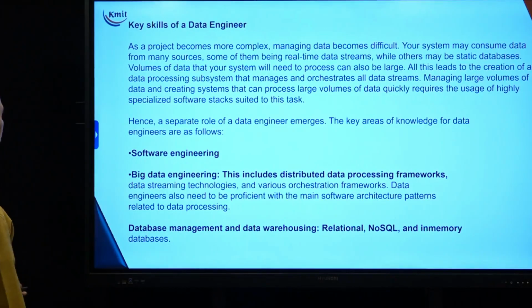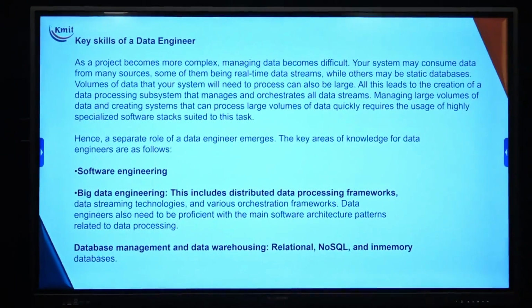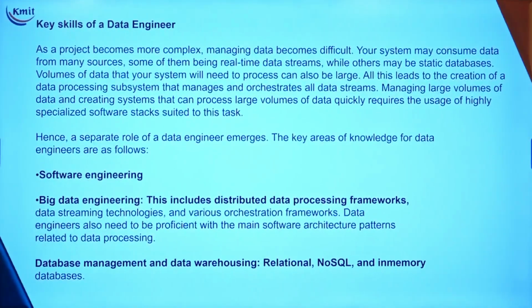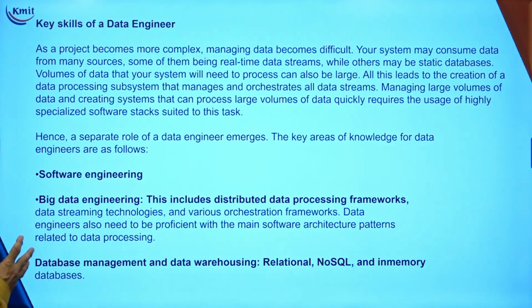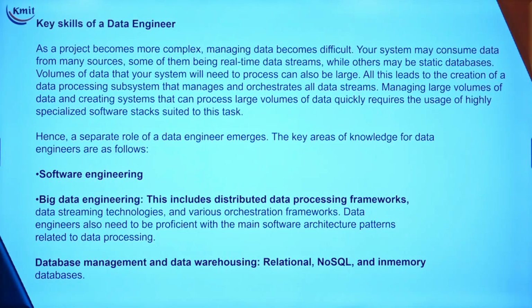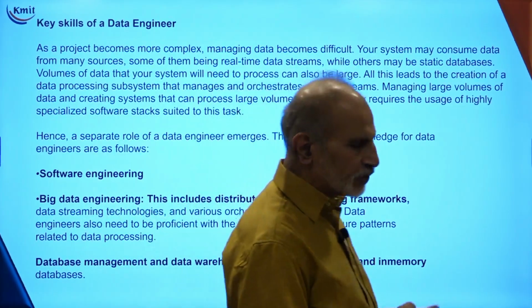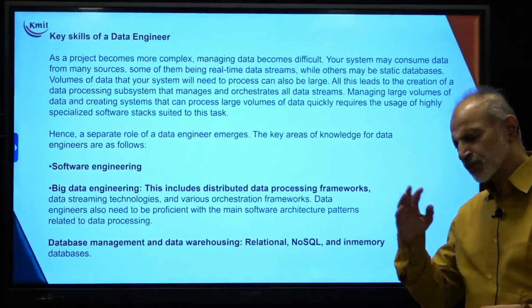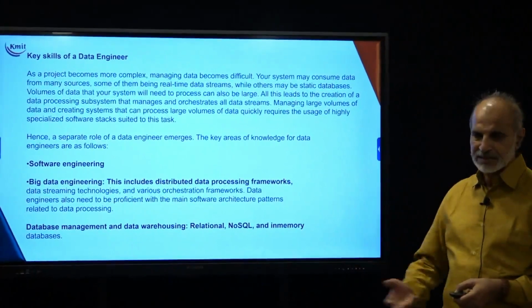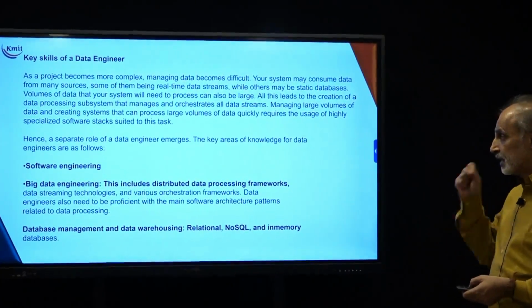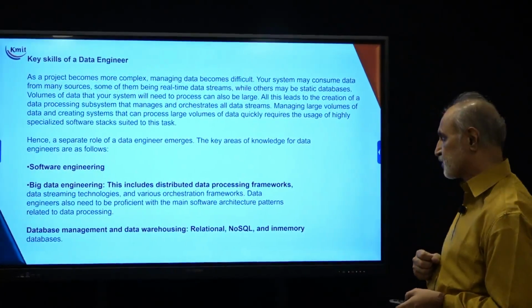Skills of a data engineer. As a project becomes more and more complex, managing a data science project becomes very difficult. So, there is some skill set required from a data engineer. Apart from your computer science engineering, you do require some data engineering principles too. For example, software engineering is a must. You should know project management, you should know the spiral model, you should know all the models and software good practices; everything of software engineering is a must for your data science engineer.